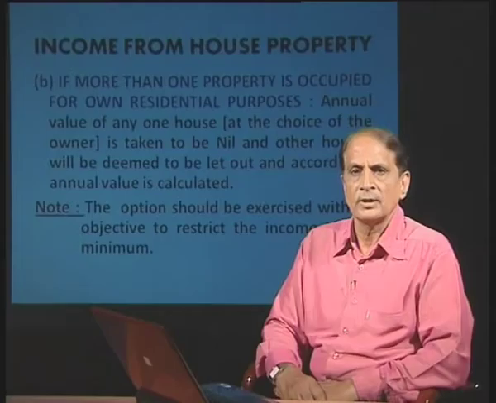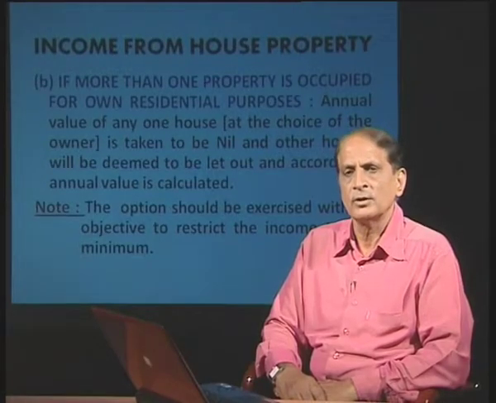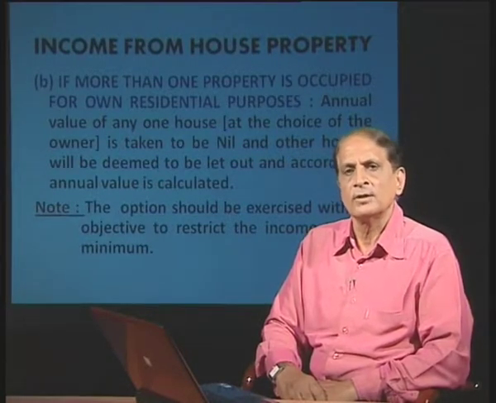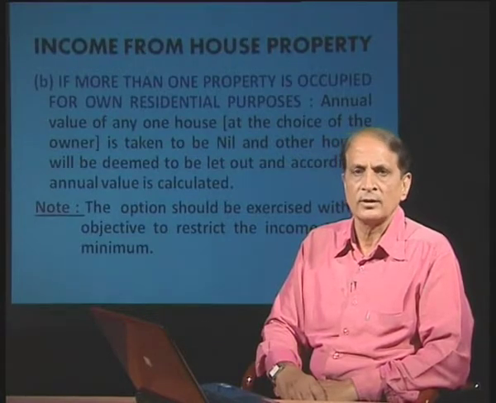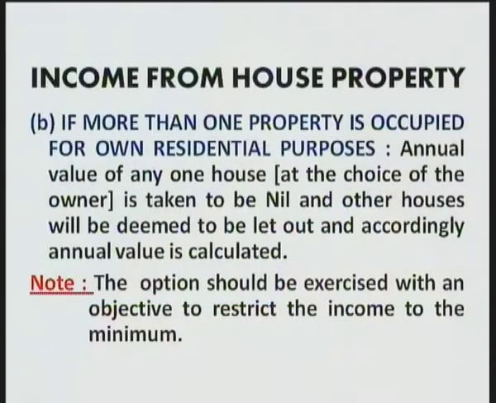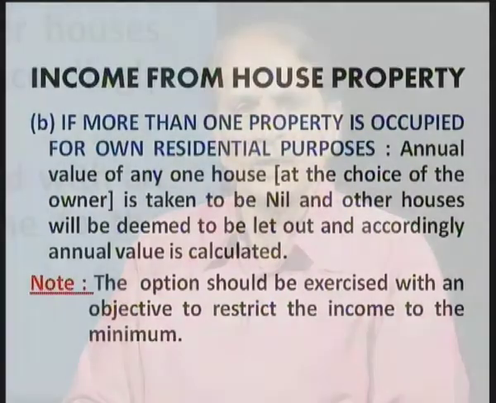It means the assessee must opt for the house of which the annual value is relatively greater as self-occupied, and the other house of which the annual value is relatively less must be considered as deemed to be let out. Therefore, the income of the assessee in that particular previous year, so far as under the head income from house property is concerned, will remain the minimum, and in this way the tax liability will accordingly be less.